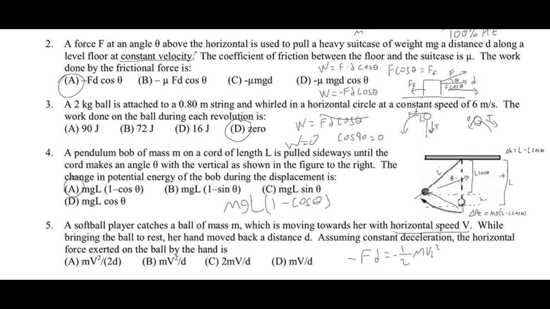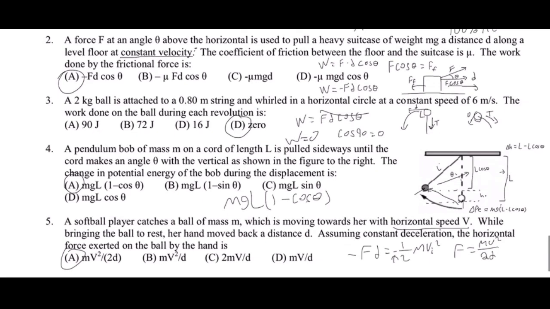When we do solve for force, we'll get force equals mv squared over 2d, which is A. If you were wondering why I put in that negative for that negative 1/2 mv initial squared, it's because change in kinetic energy is 1/2 mv final squared minus 1/2 mv initial squared. I just forgot to include that negative.